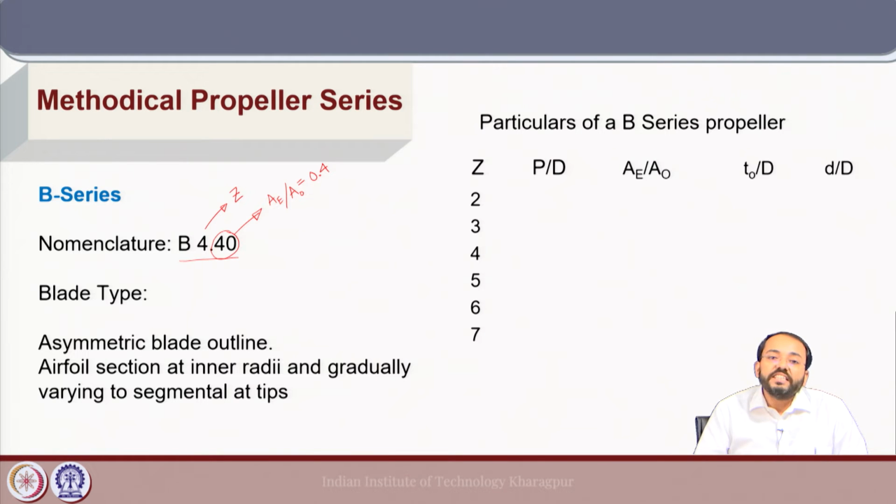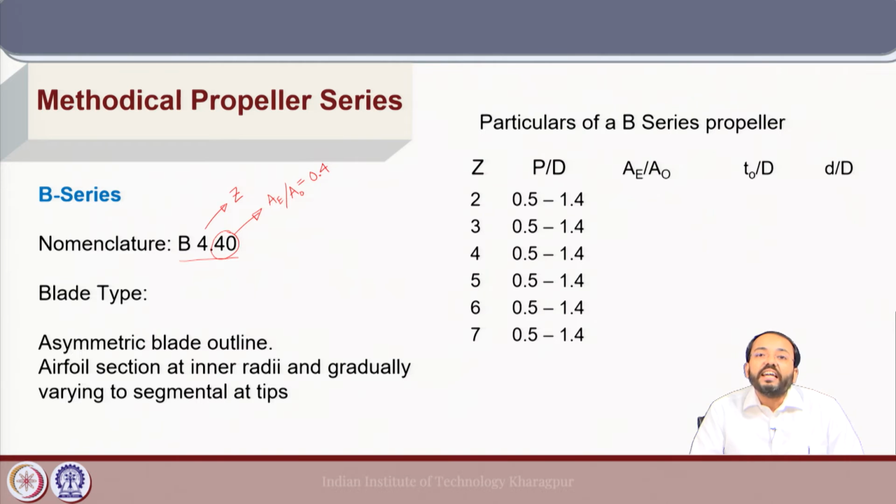Now, B series propellers have a huge database varying from blade numbers 2 to 7 blades, and for each case different P by D ratios are investigated.